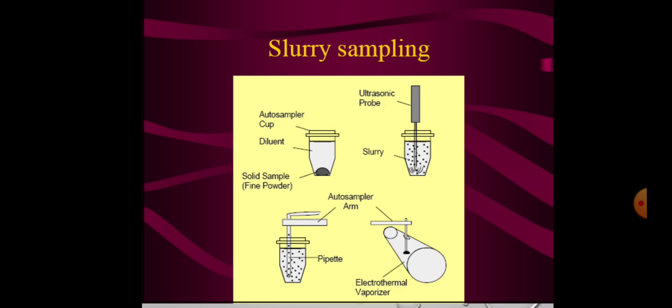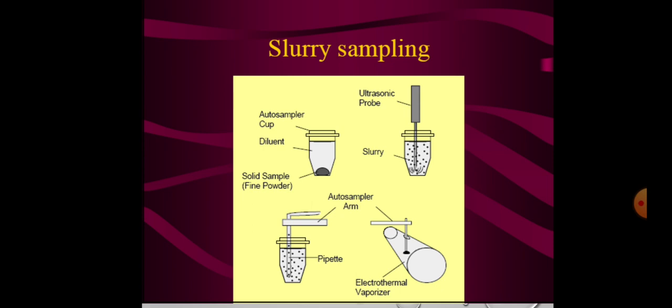Here you can see the slurry sampling. As you can see here, we have a solid sample, and then we have added some diluent, for example, some water. And then we have used an ultrasonic probe to suspend the sample particles and make a homogeneous mixture.